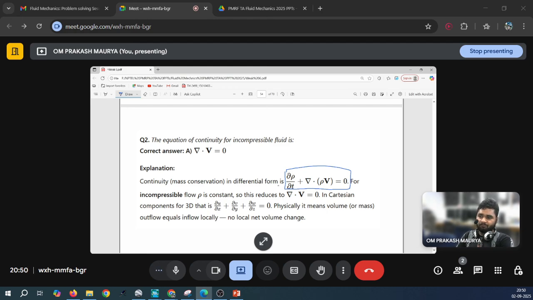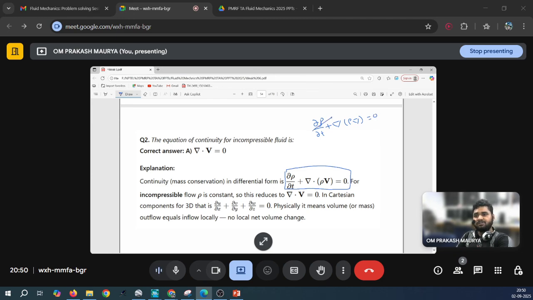Incompressible flow, that is rho is constant, and if the rho is constant, let me just write del rho by del t plus rho del dot v equal to 0.